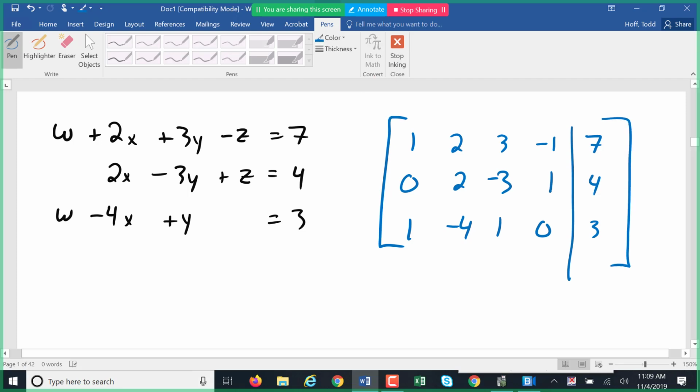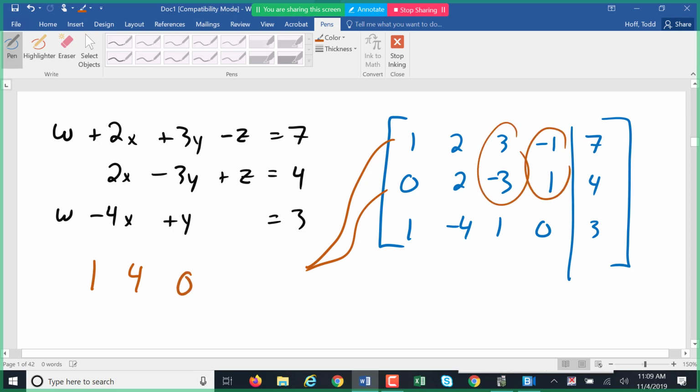And what I'm going to do is add together the first 2 equations here and replace the top one with it. So I add those together. I've got 1, 2 plus 2 is 4, 3 plus -3 is 0, 1 plus -1 is also 0, 7 plus 4 is 11.